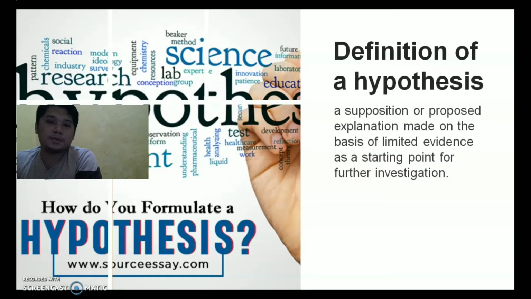So in other words, a hypothesis is also called a prediction. A prediction that is made by the researcher of what the outcome will be. So yeah, that is the definition of a hypothesis and the other form of hypothesis. So let's move on to the next slide.